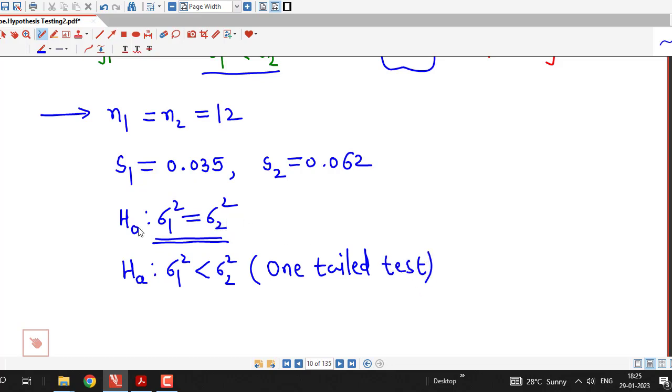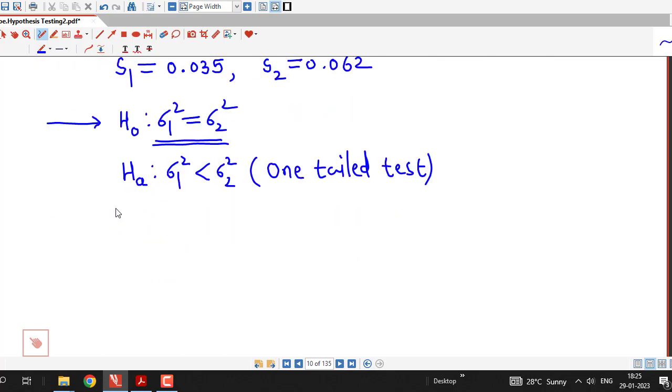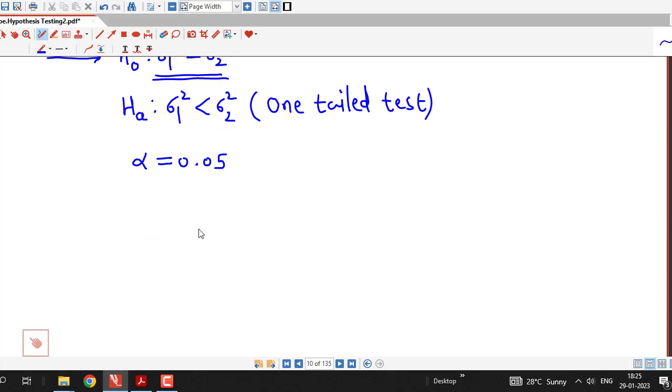We will assume that this null hypothesis is true, and we are going to test it at alpha equal to 0.05 level of significance.